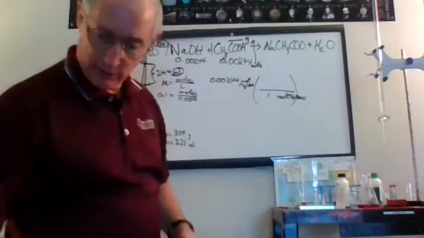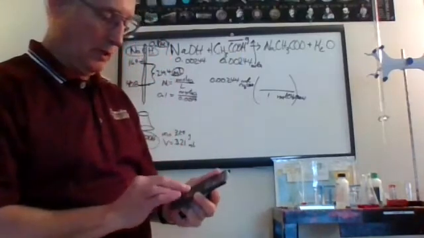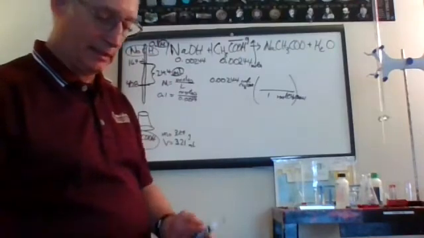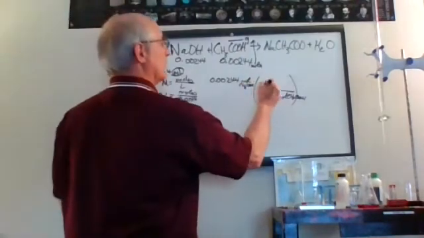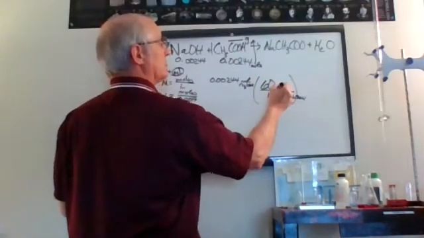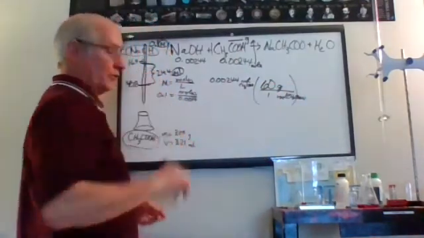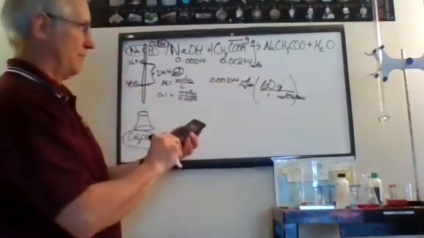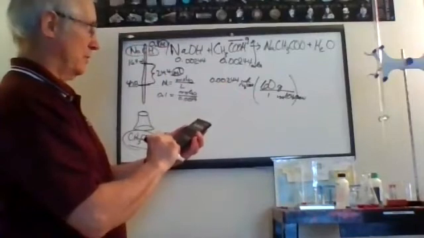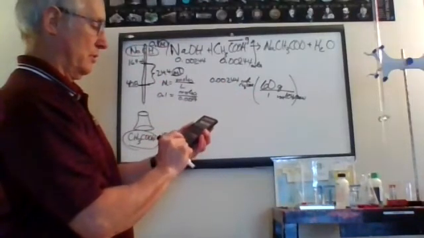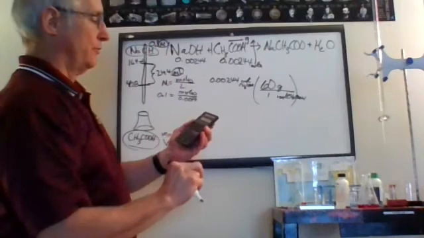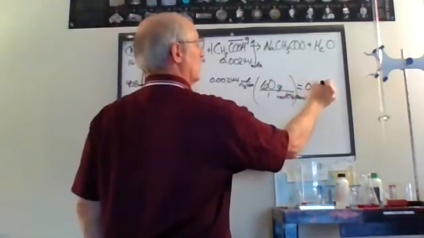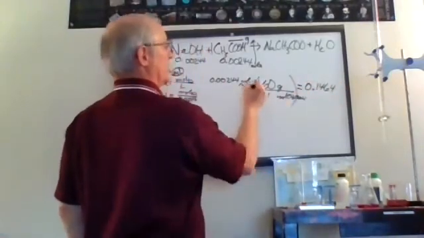What's 28 and 32? 28 plus 32, the molar mass is 60. 60 grams for every mole of acetic acid. So what's 60 times that? It's 0.1464. And that's grams.